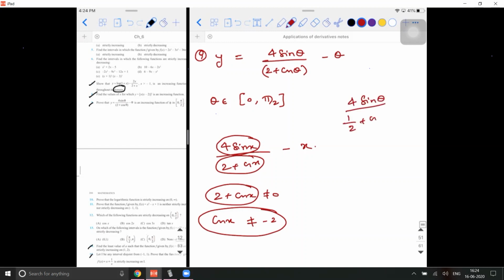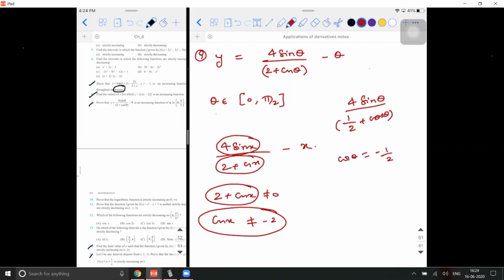Had the same question been given like this, 4 sine theta divided by half plus cos theta, how can you tell me what is the domain? Cos theta should not be equal to minus 1 by 2.